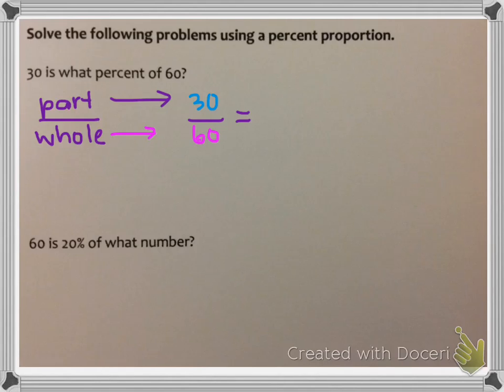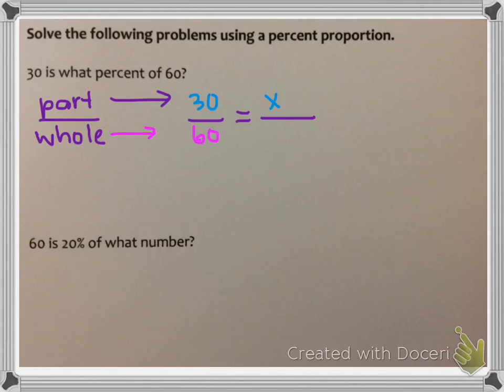So we can write our proportion. Remember, a proportion is two ratios that are equivalent. So we have, again, to write the part on top. Well, the part is the P in percent. I don't know what that is right now, so I'm going to put an X there, over the whole.